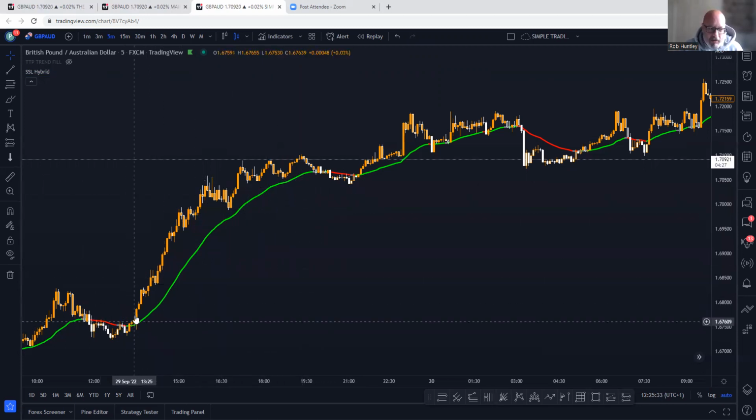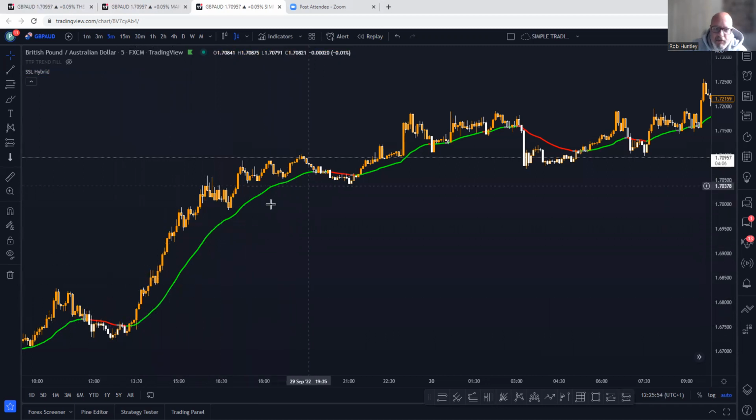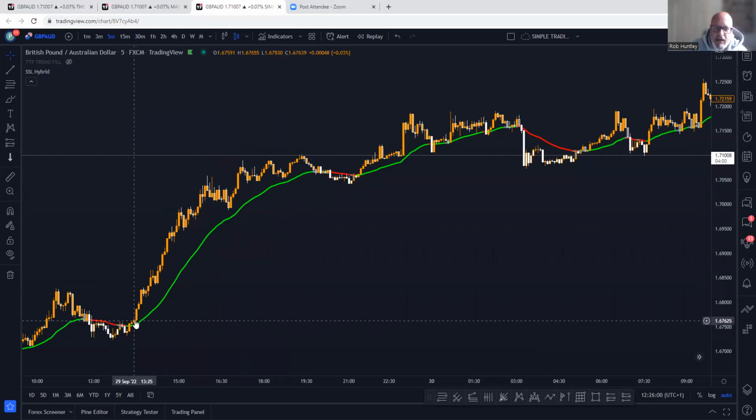So where we've got the candles moving upwards and some distance between them and this currently green line, then you know you can just stay in that trade and stay in it and just ride that all the way up. So that's that part. That's just the SSL hybrid. So when price moves above that, then you can take that as a buy.